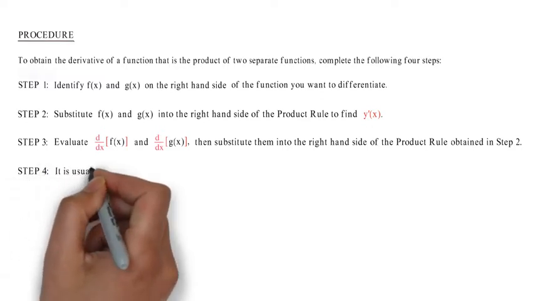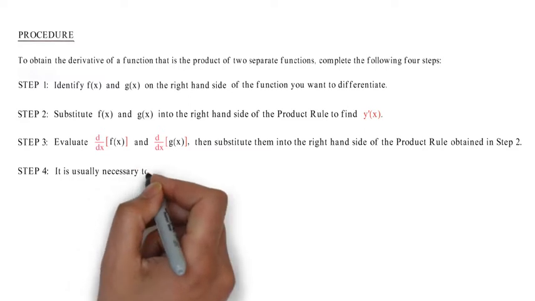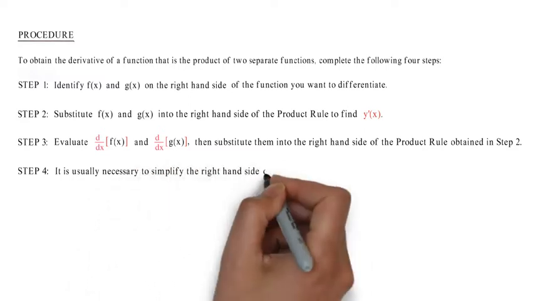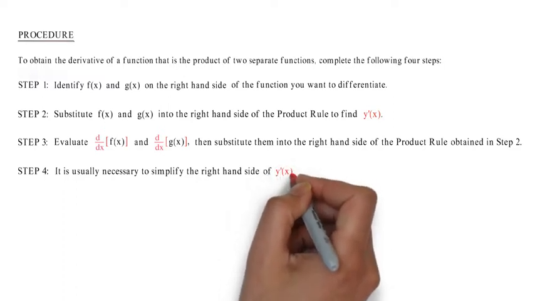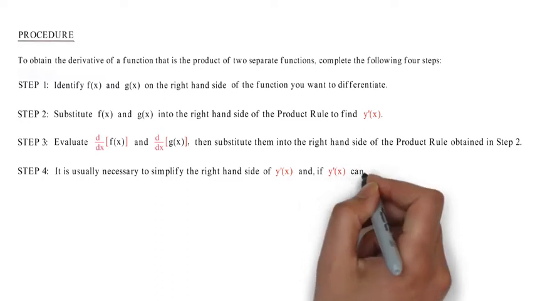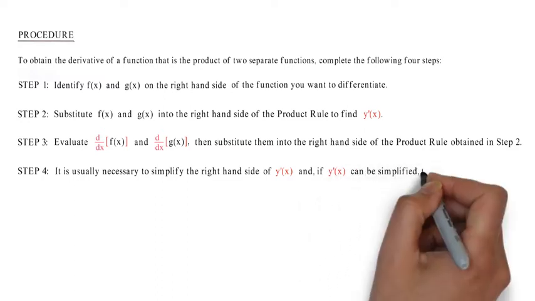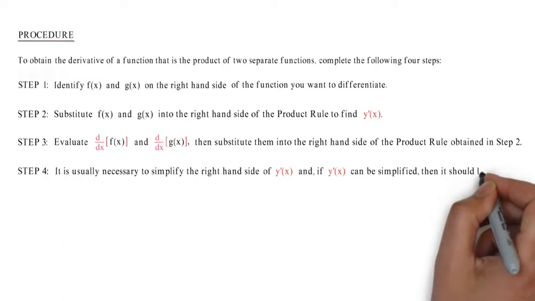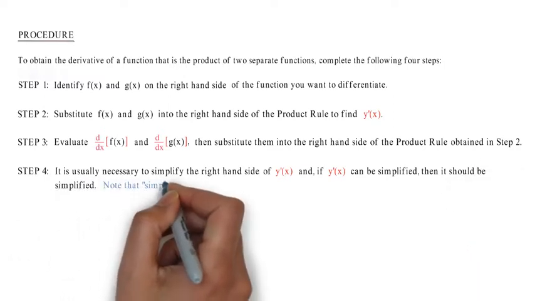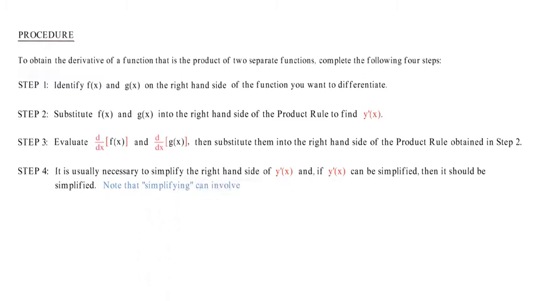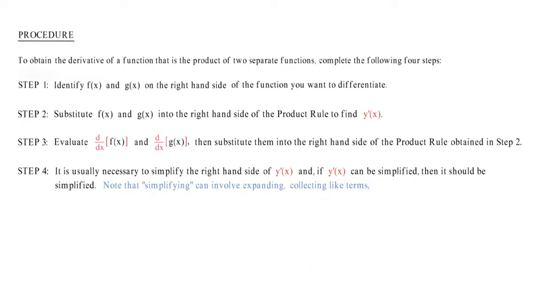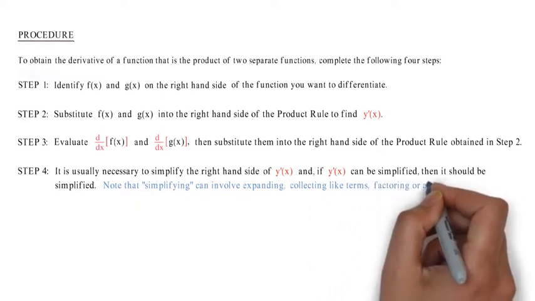It is usually necessary to simplify the right-hand side of y dash x, and if y dash x can be simplified, then it should be simplified. Note that simplifying can involve expanding, collecting like terms, factoring, or all 3.